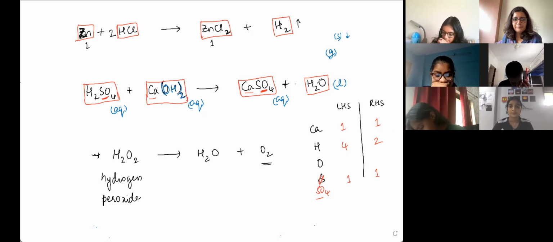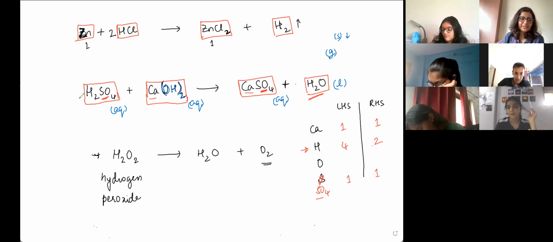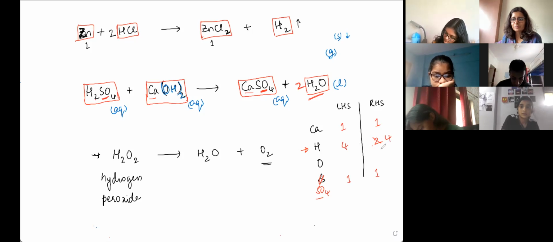Now on the RHS, hydrogen is there only in water, right? So it would be easy to balance this out. How would you balance hydrogen? Multiply by 2. Which one into 2? Sulfuric acid or water? Water. So this will be multiplied by 2. So hydrogen has also become 4 now, balanced.